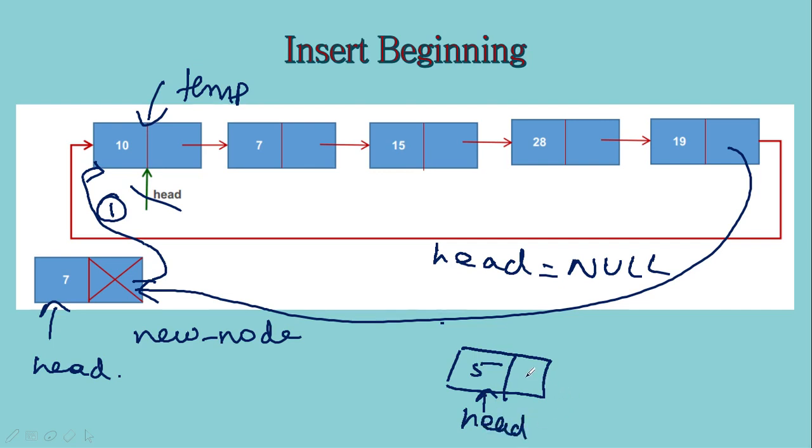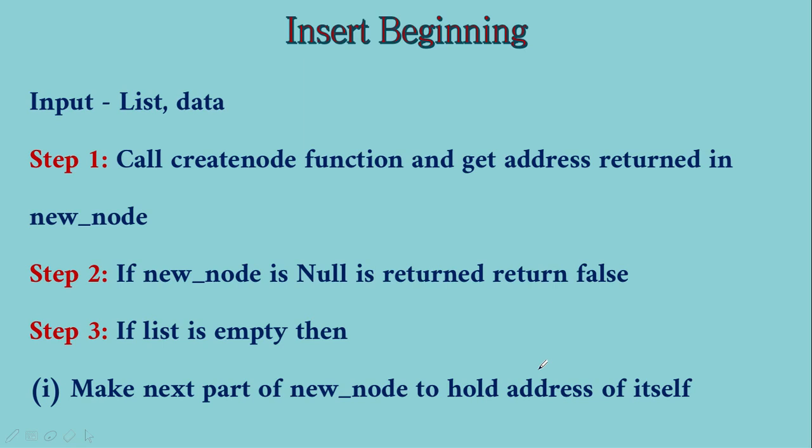One more thing: as per the concept, the next part of the last node should contain the address of the first node. When there is only one node in the list, this is the first node and the last node as well, so the next part of the node should contain the address of itself, right? This we have to make. So this is an exceptional case, and when we write the algorithm, we write it as a separate case, right?